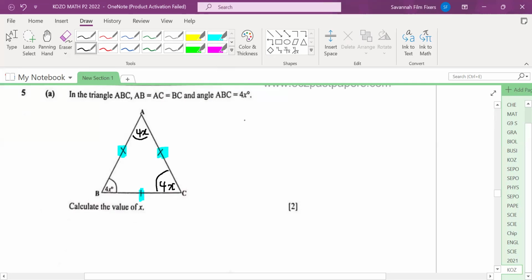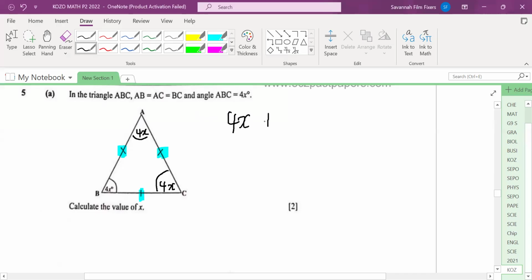We write them down. It's going to be 4x plus 4x plus 4x, which is equal to 180. Why? Because interior angles in any triangle add up to 180, right? That's the knowledge that you're trying to follow.